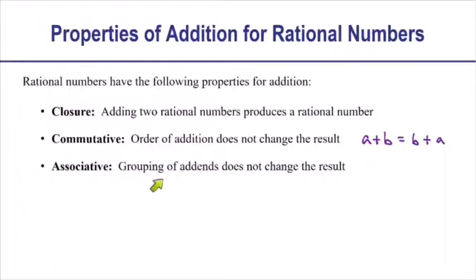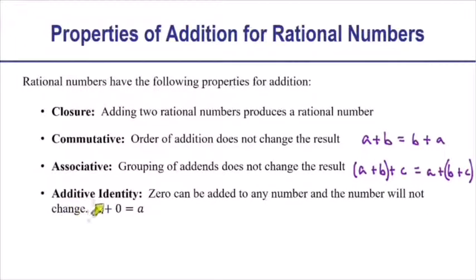You can group the numbers any way you like and you'll still get the same answer. So if we're adding three different numbers, then we can say a plus b plus c, where we grouped the a and the b together, is equivalent to a plus b plus c, where we grouped the b and the c together. So the grouping doesn't change the result.